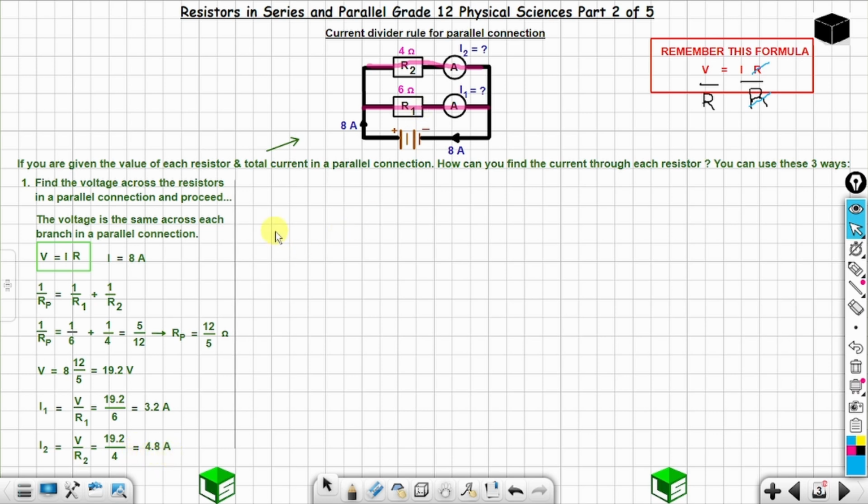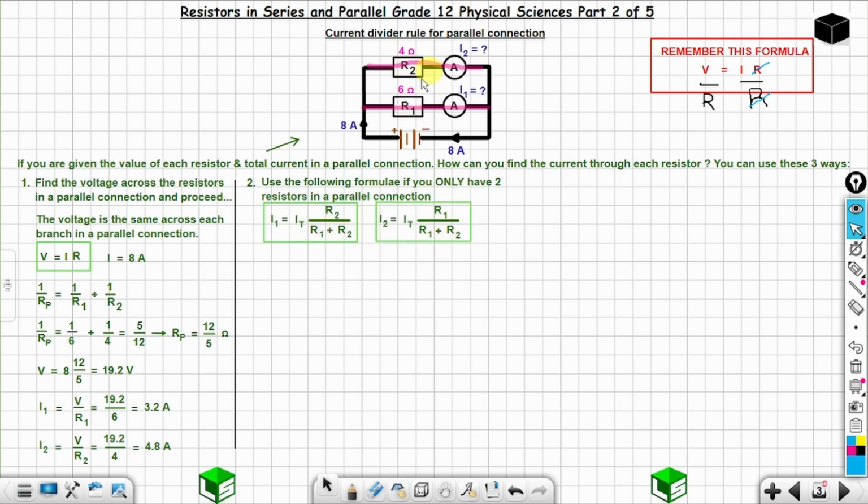Now, another way: use the following formula if you only have two resistors in a parallel connection. As in this example, you only have two resistors in a parallel connection, so make use of the following formula.